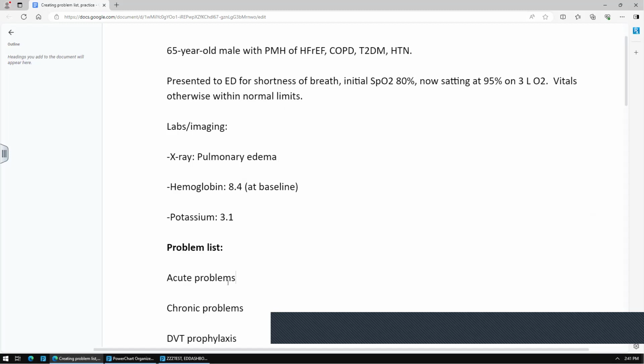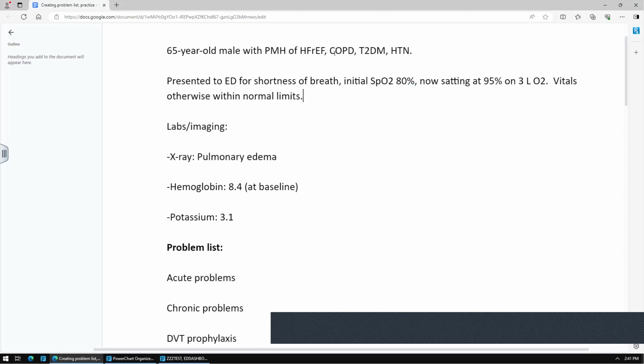So that's going to be one of the acute problems. The most life-threatening problem though is that he came in satting at 80%. And so that's actually going to be my first problem, acute hypoxic respiratory failure. And then next I'm going to put a CHF exacerbation.